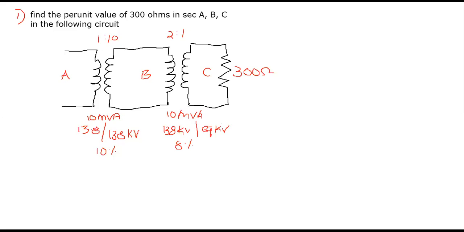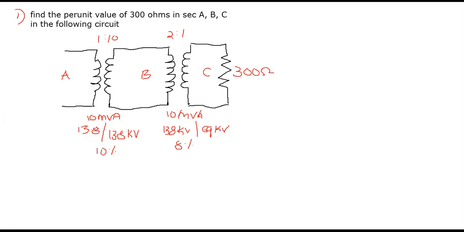Now see the problem once. Find the per unit value of 300 ohms in section A, section B, section C in the following circuit. That circuit consists of two transformers with different ratings, and the voltage levels, the power ratings, and the per unit values of the impedances have been mentioned.